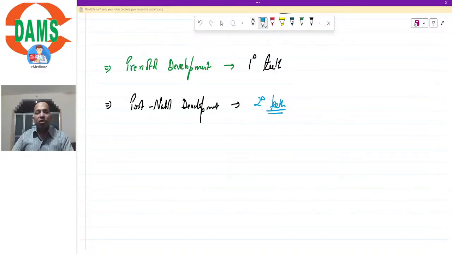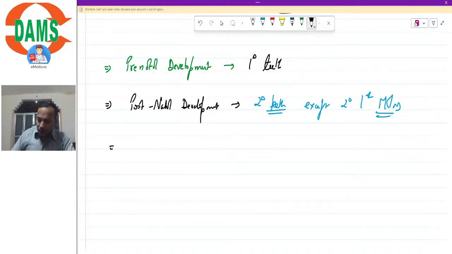Except for the permanent first molar. Permanent first molars are initiated at the time of birth, and that's why they have the neonatal line, unlike the other permanent teeth, isn't it?